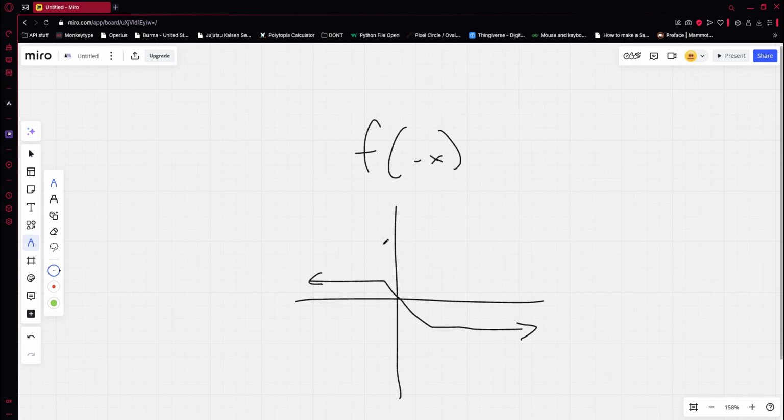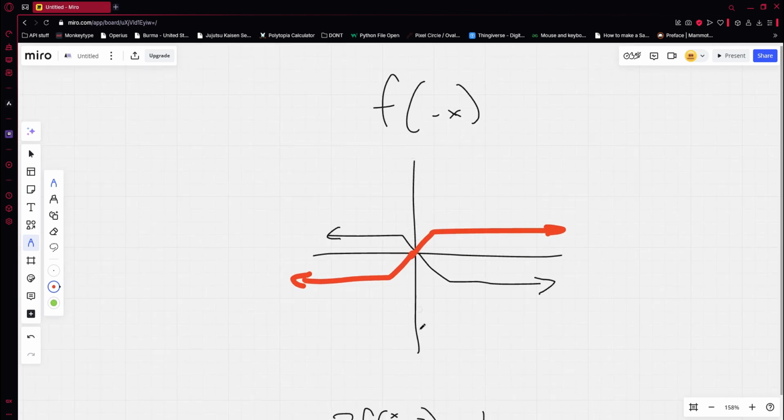And then our final 2 are reflections. If you make the x negative, then you're reflecting horizontally, across this y-axis. You're flipping it horizontally. Imagine you have a hinge, or a point of rotation, making it go horizontally.